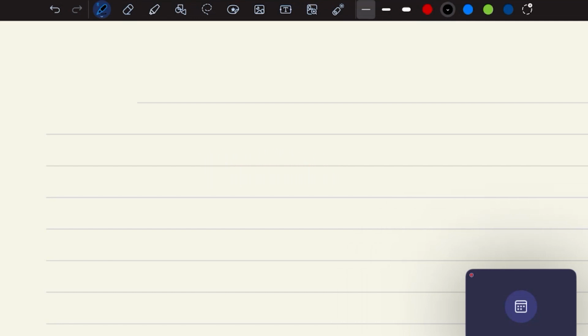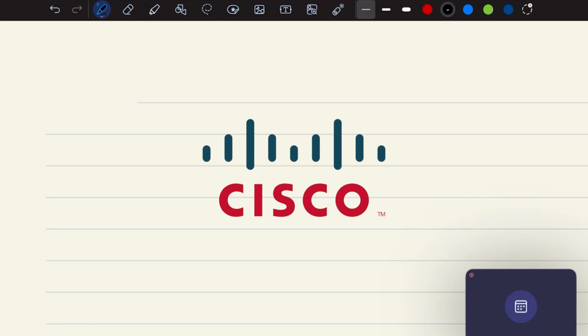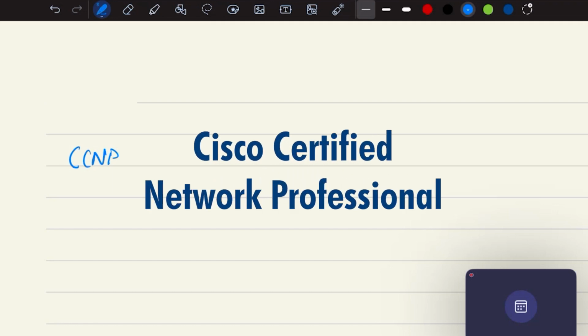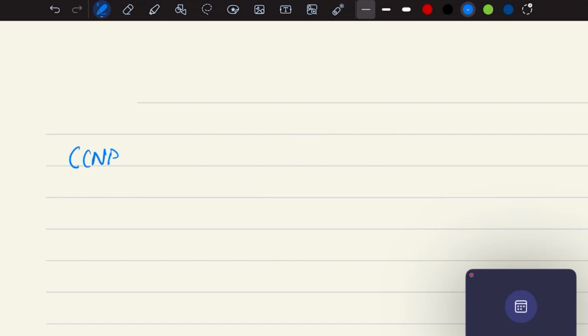As you all know, Cisco conducts various certifications, and from all those certifications, a very prestigious certification holds the badge of CCNP. It stands for Cisco Certified Network Professional, as you know. And in case you are looking forward to getting the Cisco Certified Network Professional badge, then you just need to go for two exams.